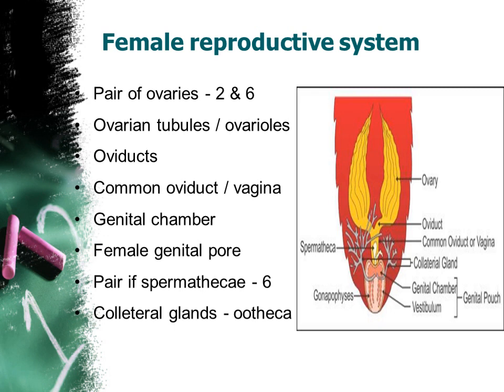From the testis, the long tubule arises, that is known as vas deferens. The same here, from the ovary, one short tubule arises, that is known as the oviduct. So the ovum which is produced by the ovary will pass to the next region through this oviduct. Is it clear?